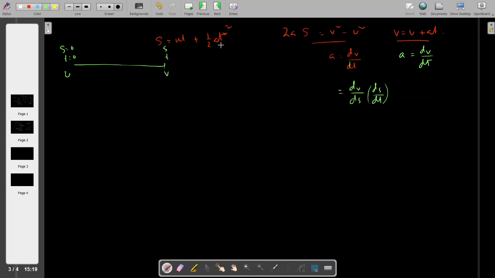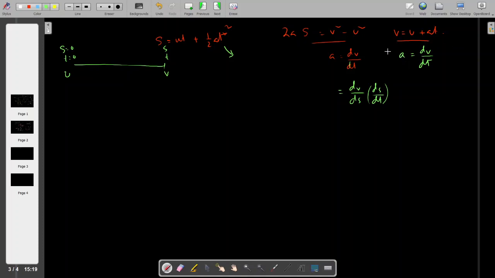This relation is also known as the position time relation. The other relation is known as the position velocity relation, and this one is your velocity time relation.